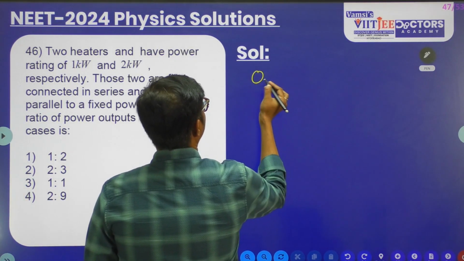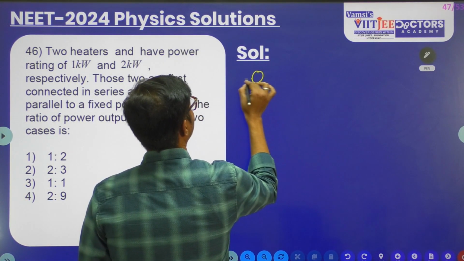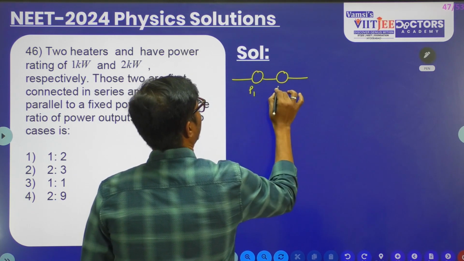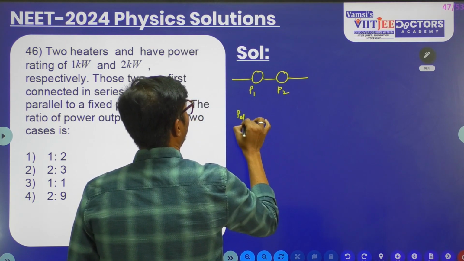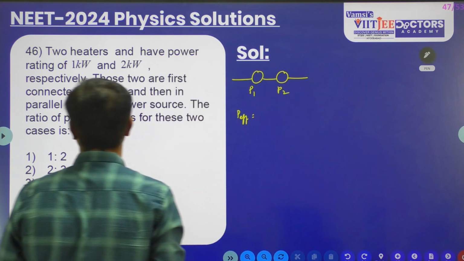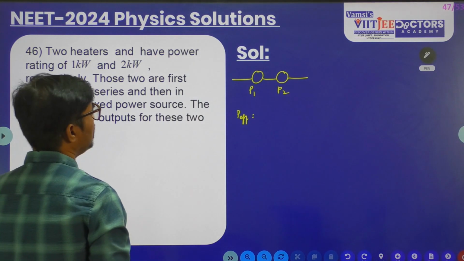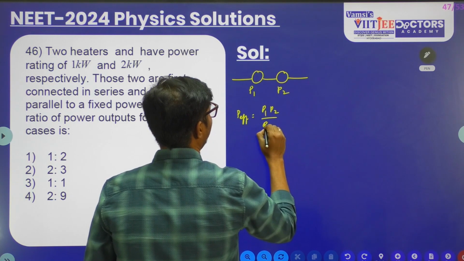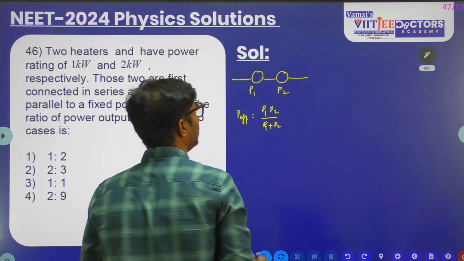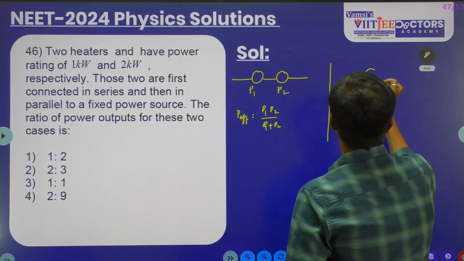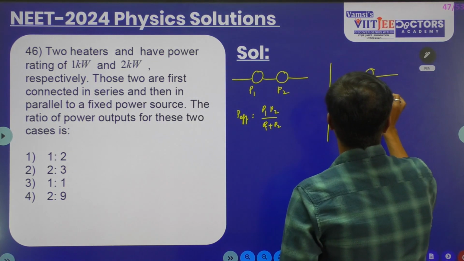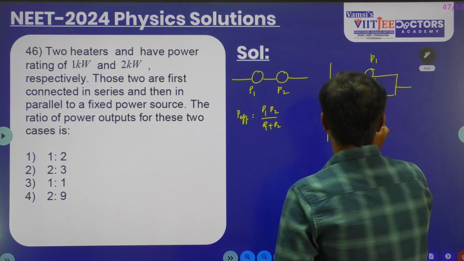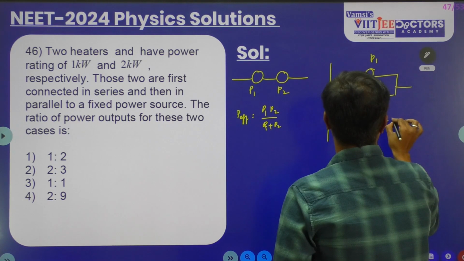Whenever you connect the bulbs or the heaters in series, let's say its power is P1 and its power is P2, then effective power is going to be P1 P2 by P1 plus P2. Whenever you connect the heaters in parallel, with P1 and P2, then effective power is going to be P1 plus P2.